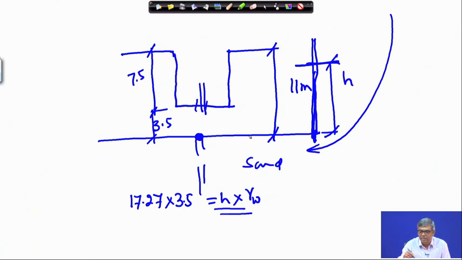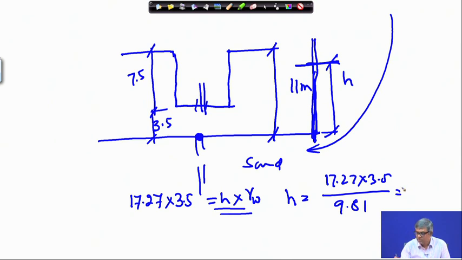That means at this condition, if I put a piezometer, what height of water will you see? That will come from this calculation. So H equals 17.27 into 3.5 divided by 9.81, gamma W. This gives you 6.16 meter.